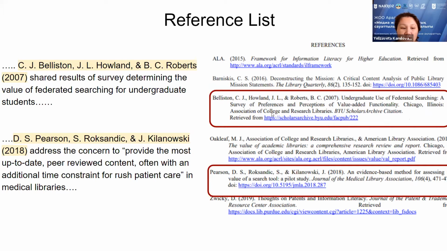I'm highlighting it for you. And the second example, Pearson, Roxanne, Dick, and Kilanovsky, is also provided within the reference list. So the information within the in-text citations and the reference list should be equal, with the same amount.